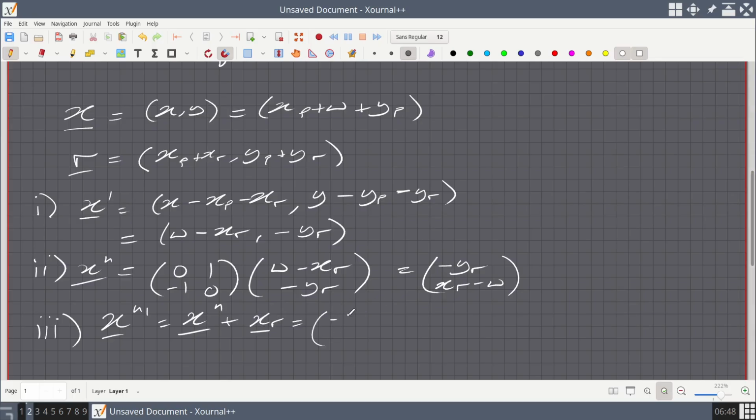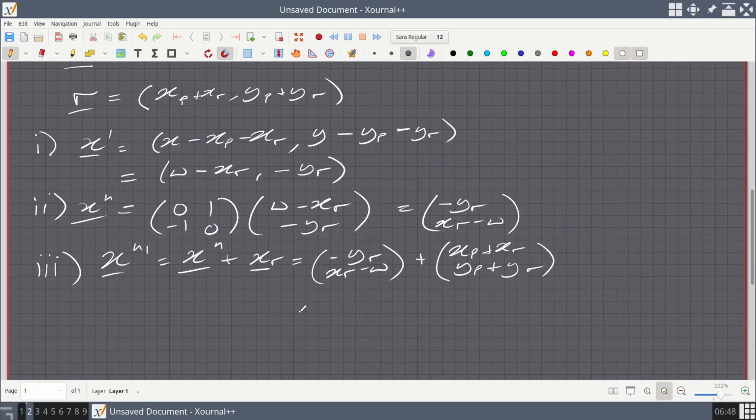Which is to say it's at minus yr and xr minus w, and we will go to that plus xp plus xr, yp plus yr, which is equal to xp plus xr minus yr. Interesting, the width has just dropped out. Oh, the width's in the y direction. That's fine then. And then this one goes to nothing about xp, which is interesting.